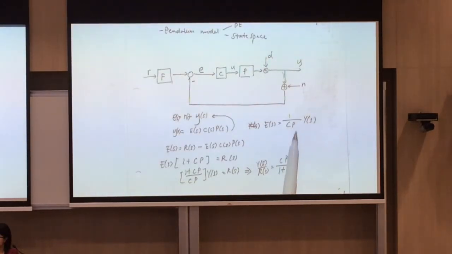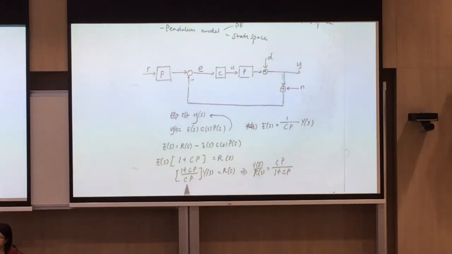Because E(s) is 1 over CP Y(s), so your 1 plus CP over CP is R(s). Alright? And Y over R is just CP over 1 plus CP. This is ignoring the disturbance D and the measurement noise N.